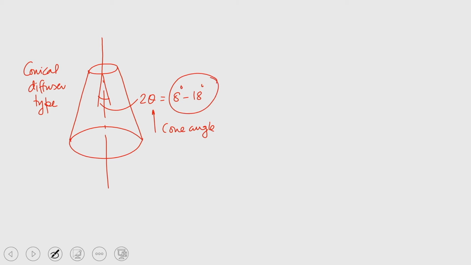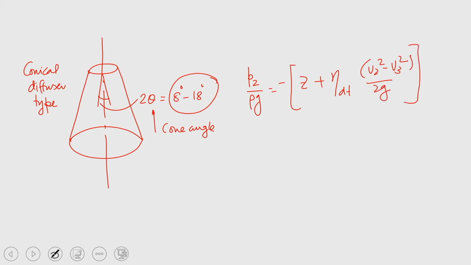Why? So, try to understand this: P2 by rho g equal to minus Z plus eta draft tube into (V2 square minus V3 square) by 2g. Now, there are two issues.